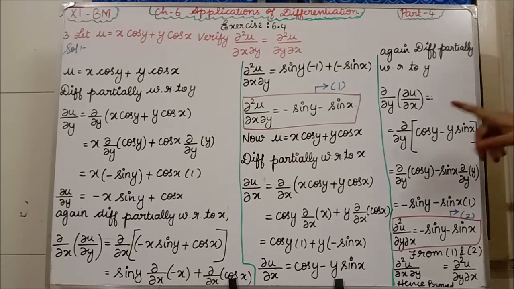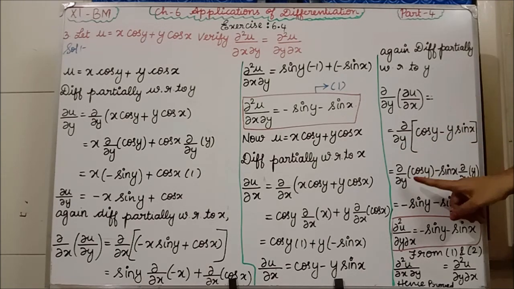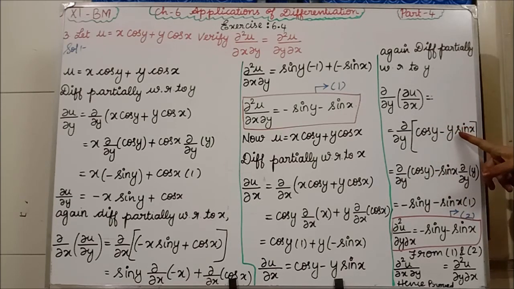Clear? So now take ∂/∂y inside: ∂/∂y of cos y minus, here sin x is constant, so sin x into ∂/∂y of y. Differentiation of cos y is minus sin y, minus sin x into differentiation of y, which is 1.